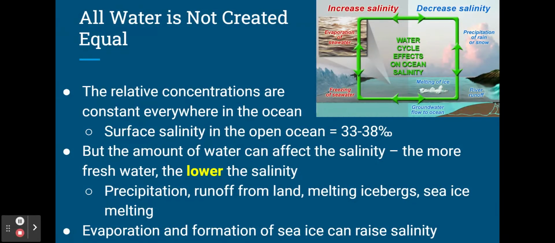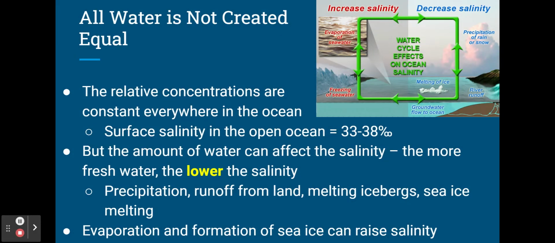However, the amount of water can affect the salinity. If you have some salt water and some fresh water, that can change how saline the water is. If you have more fresh water, then you have a lower salinity, because fresh water doesn't have any salt in it, so that lowers how much salt content is in the water.